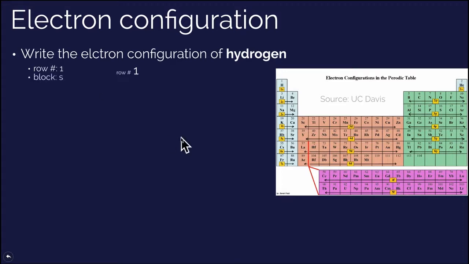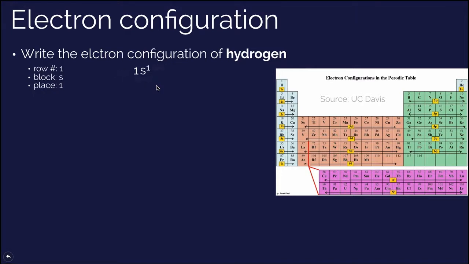Next up, we need to know what block it is in. So you see that hydrogen is right here in the S block, so we'll just state that the block is S. Next thing we write is the letter of it. So far we have 1S for the configuration of hydrogen. And the last piece that we need is the placement inside of that block. Hydrogen is here in that first spot in the S block, so we will just say that it is 1, so we put in a 1 superscript for the place of it.